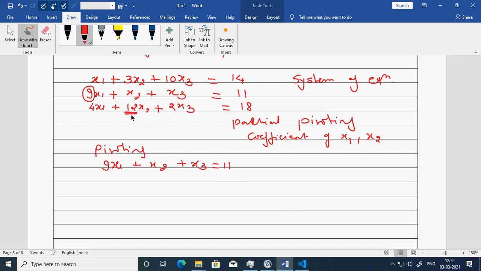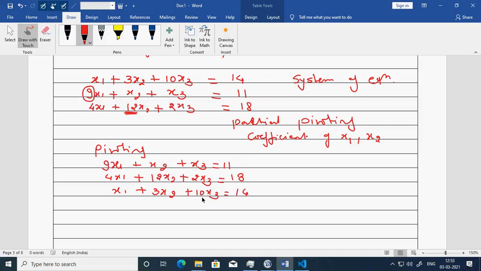I see this 12 is my maximum, so I write 4x1 plus 12x2 plus 2x3 is equal to 18. This is my equation number 2. For the third equation, I don't have a choice, so it has to be in the third position: x1 plus 3x2 plus 10x3 is equal to 14.